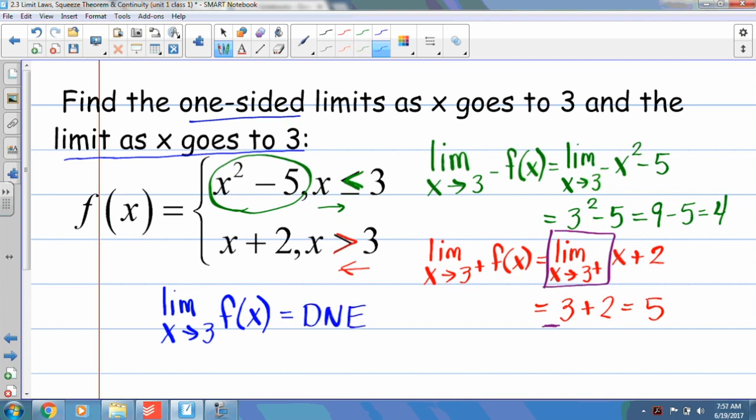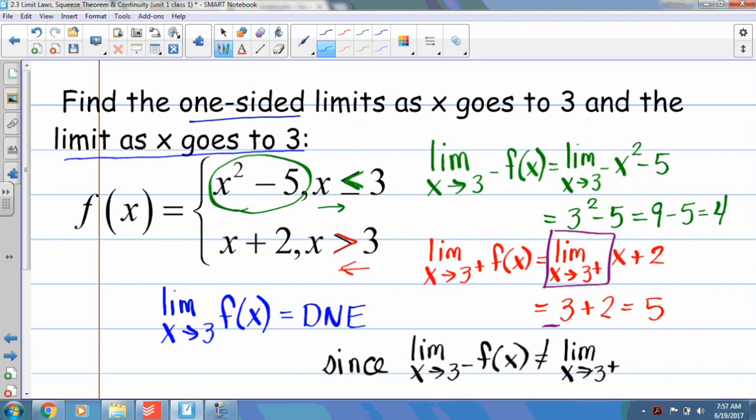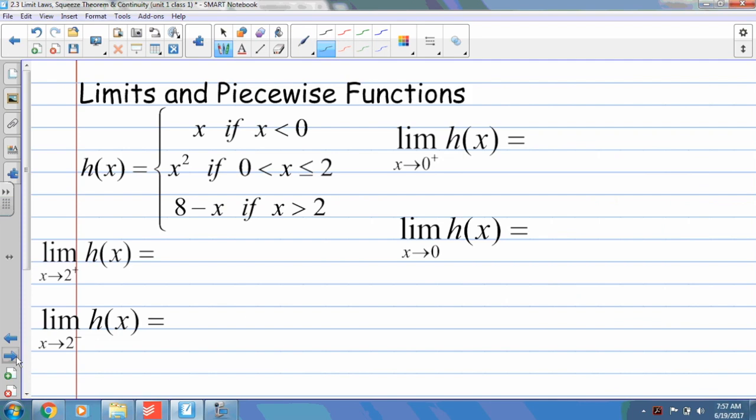So our limit does not exist. Really make sure that you're keeping track of notation as you're going through. So since the limit from the left is not equal to the limit from the right as x goes to 3 of f of x, my limit as x goes to 3 does not exist.